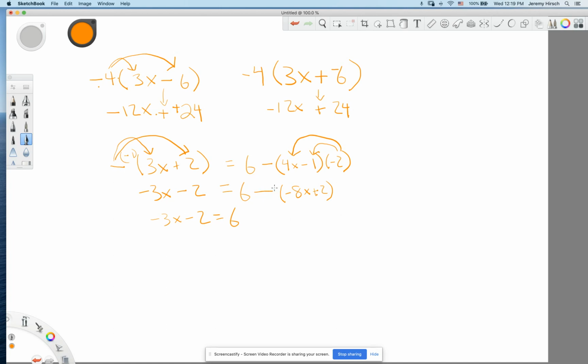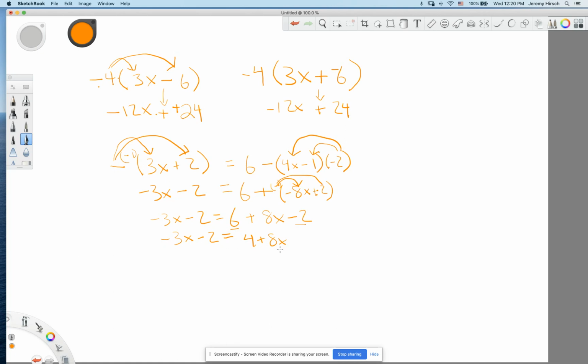This is like plus a negative 1 times negative 8x, which is 8x. Negative 1 times positive 2 is negative 2. So now we have negative 3x minus 2 equals, and we can combine like terms, 6 minus 2 is 4, 4 plus 8x.